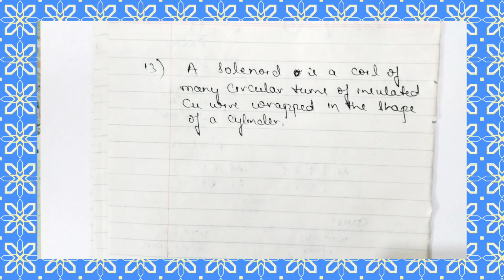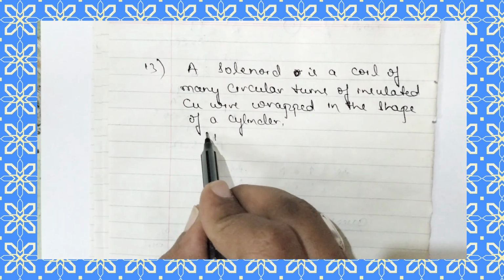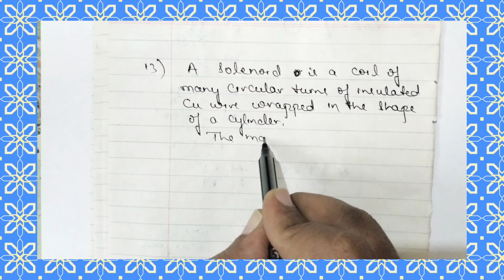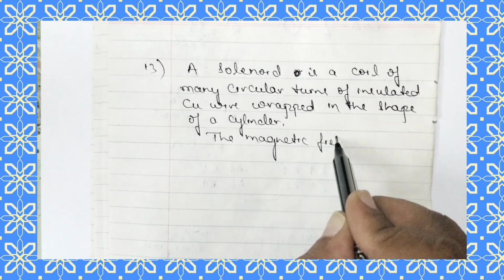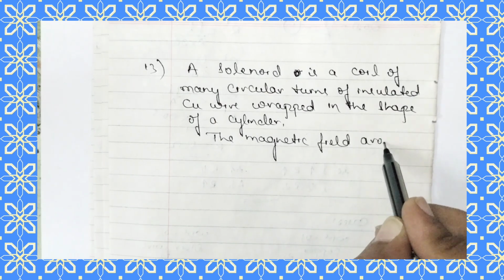Then how do the magnetic field lines exist in a solenoid?